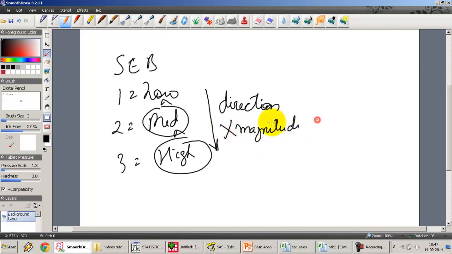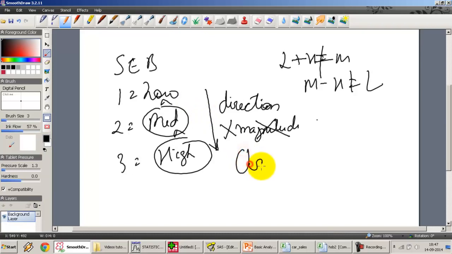So magnitude is not present on this variable. We can't say low plus high is equal to medium, right? We don't know. Medium minus high is not equal to low. There is no magnitude involved. There is direction over here, right? So this kind of variable is an ordinal variable in this data set, right?